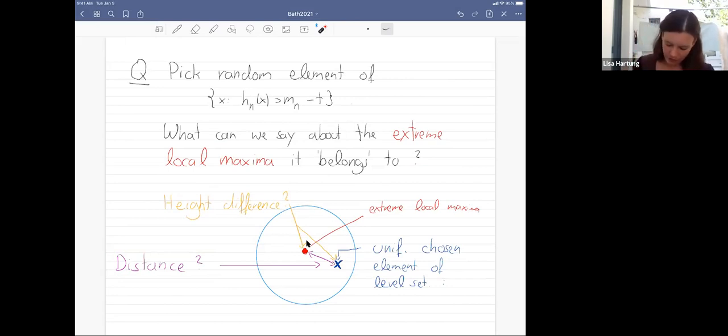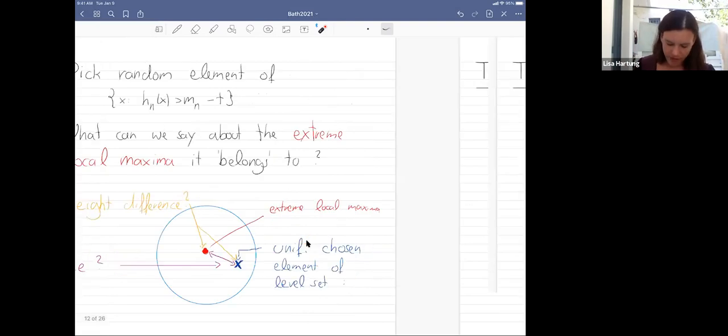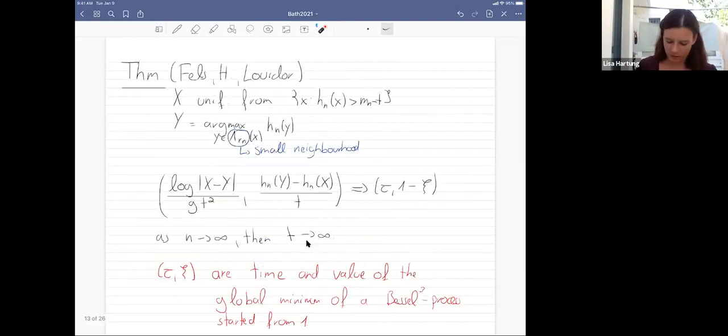But the question is, can we actually understand more about this? And the answer is yes, if we scale everything in a good way. So we take a uniform point from the level set. We take y to be the peak of the mountain x belongs to.